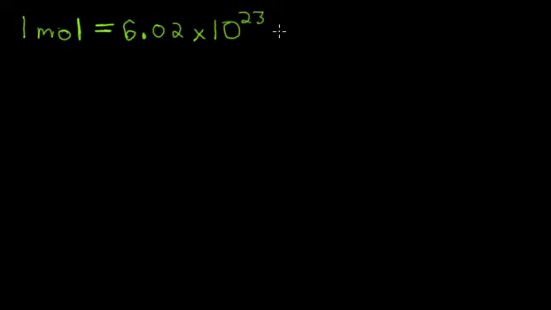Okay, so we're going to look at problem 1.59. And 1.59 relies on the definition that 1 mole is equal to 6.02 times 10 to the 23rd things. And in this case, the things we're counting are atoms.